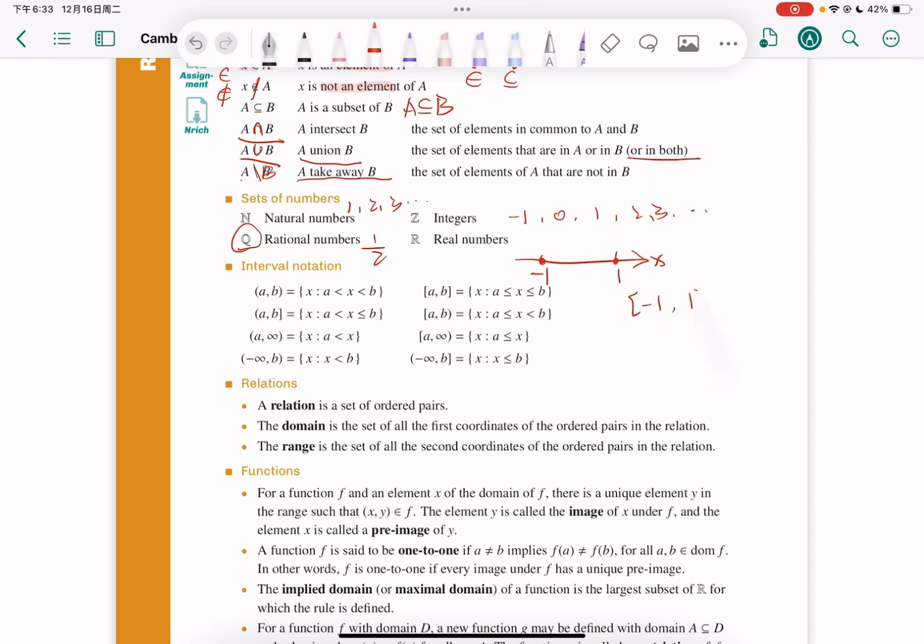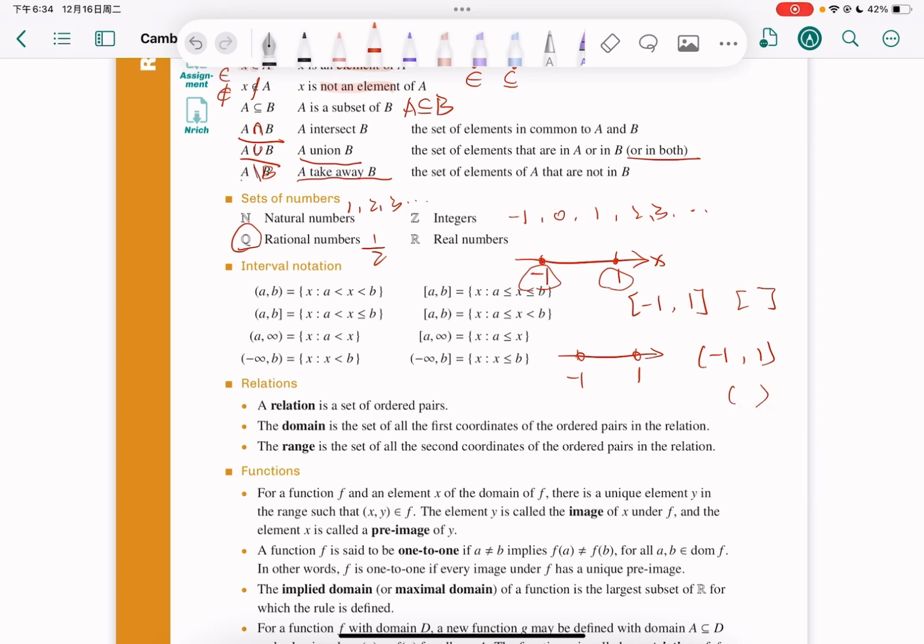If it's not including, then we use a circle, and that's round brackets from -1 to 1. So use square brackets if you can take the value on the edge. If you cannot, then use round brackets.